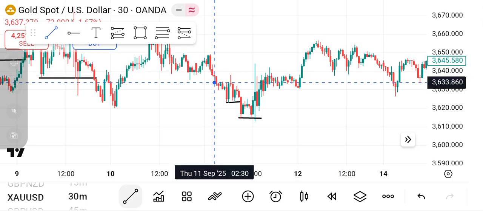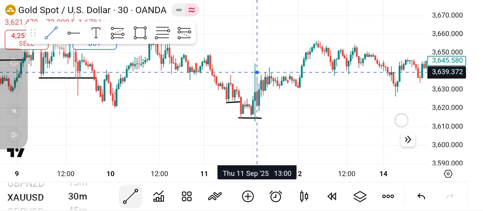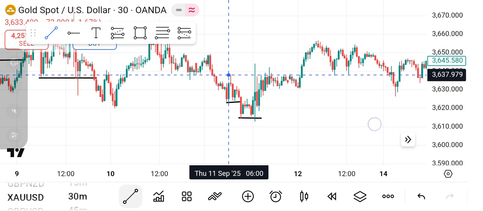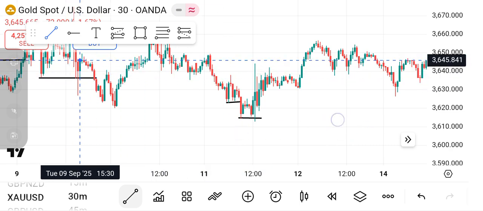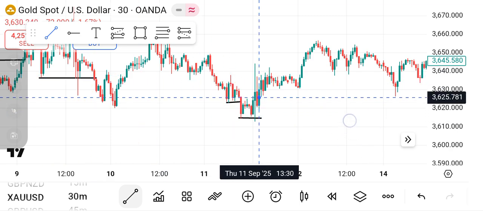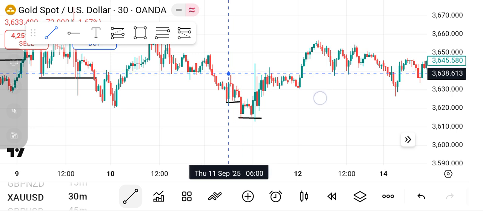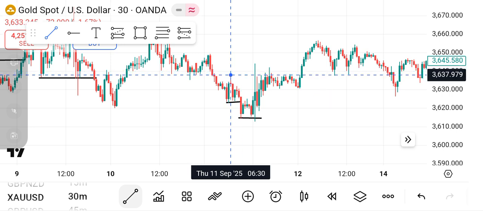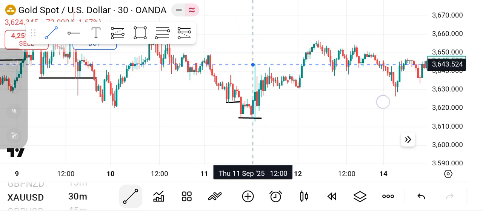If you look at this zone right here, you will see that this wick swept this high. The same thing I talked about before. This wick right here took out the wick here, making it an invalid break of structure. We call it a sweep and not a break of structure.